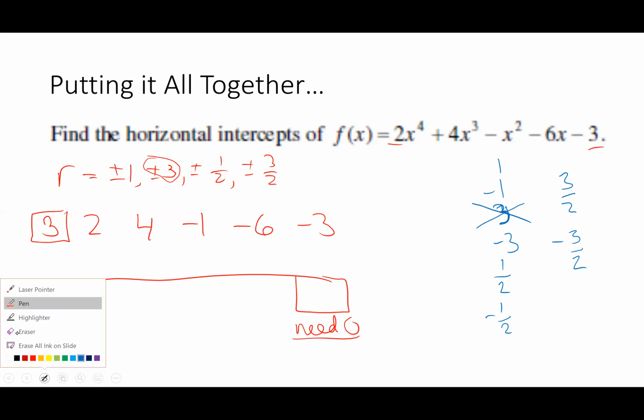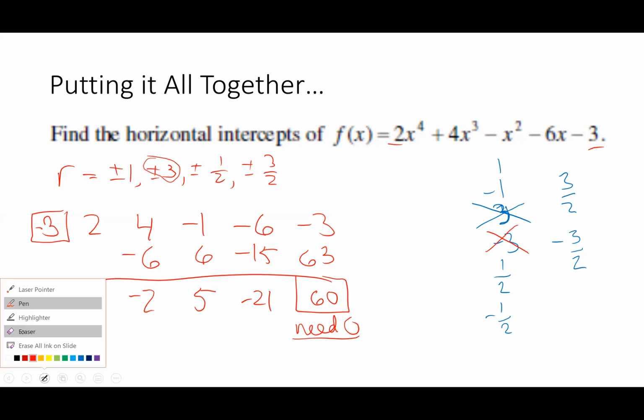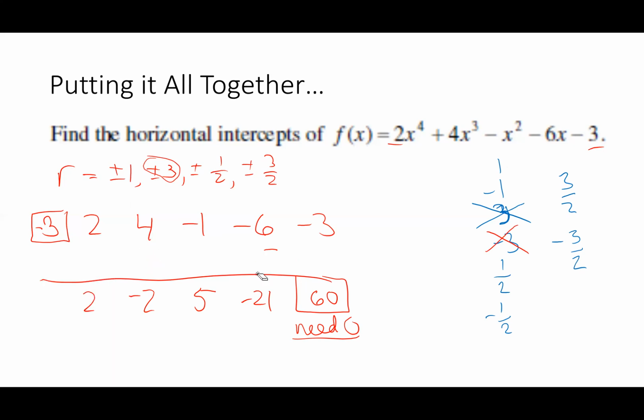All right, so now let's try -3. So now we've got 2. 2 times -3 is -6. So then I get -2, 6, 5, -15, -21, and then 63, 60. No, so -3 doesn't work. It doesn't feel like we're making a whole lot of headway here.